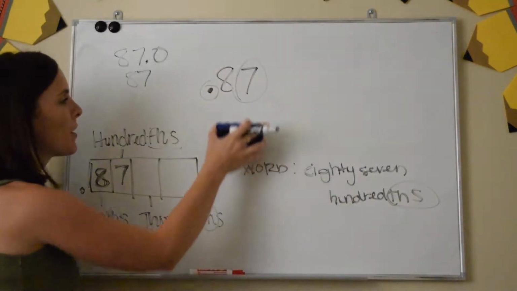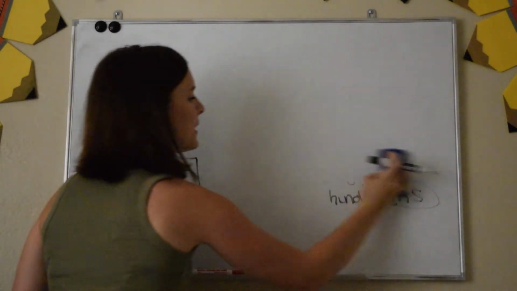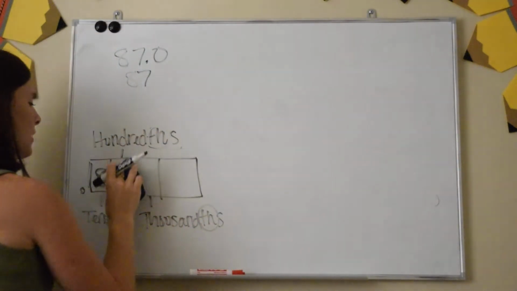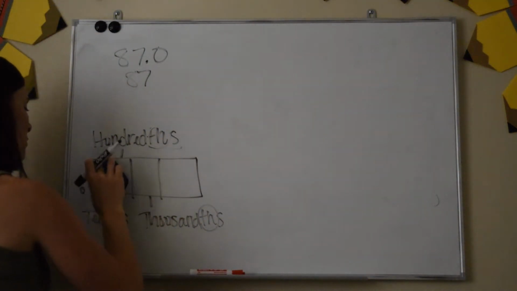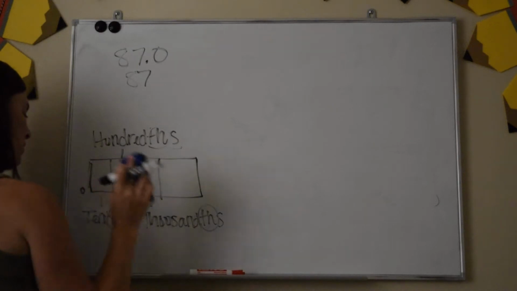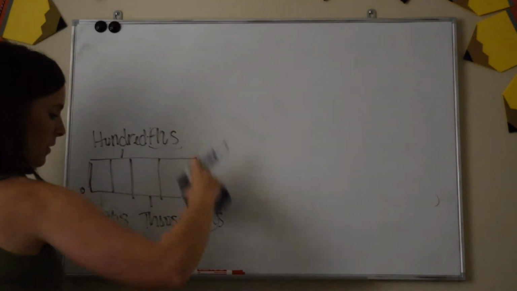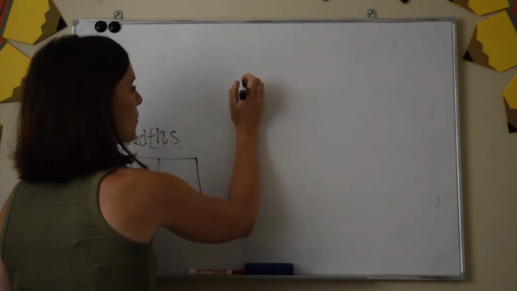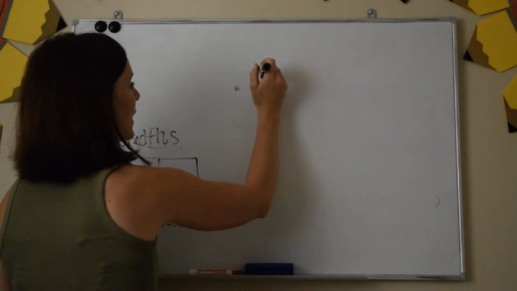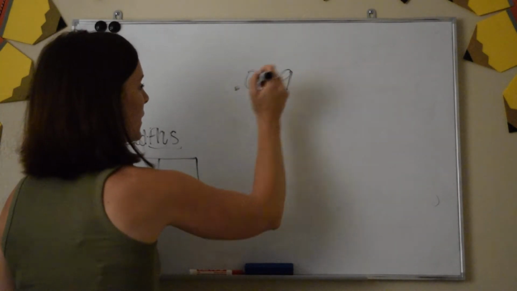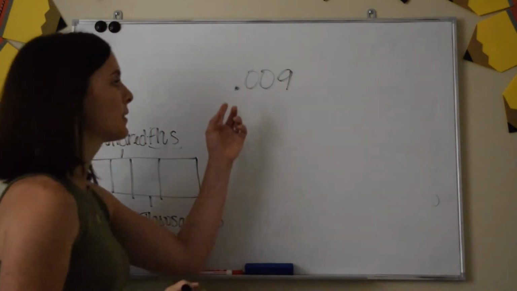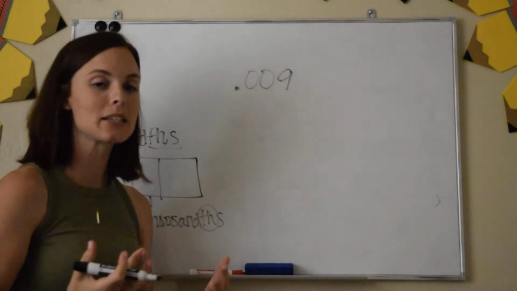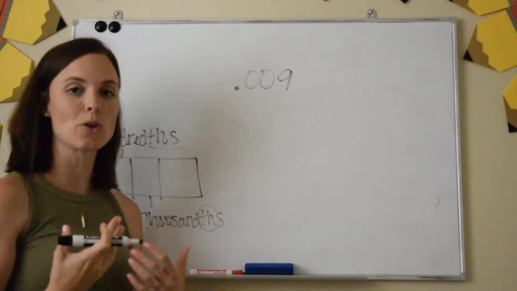So let's do another one. What if I had, let's do one where I have a decimal and I have 009. So this is 0.009, but the proper way to say it is 9 thousandths.